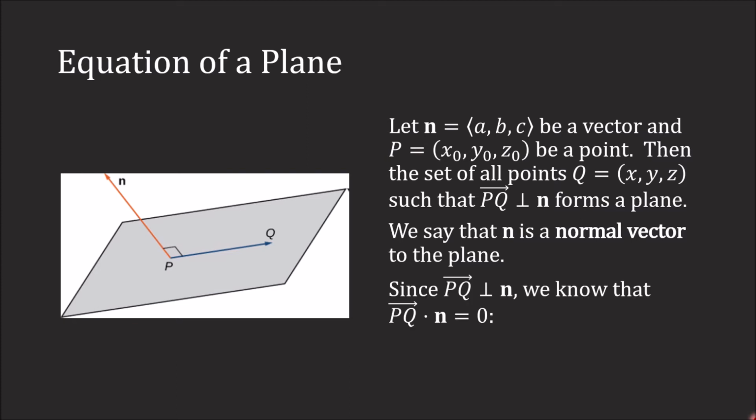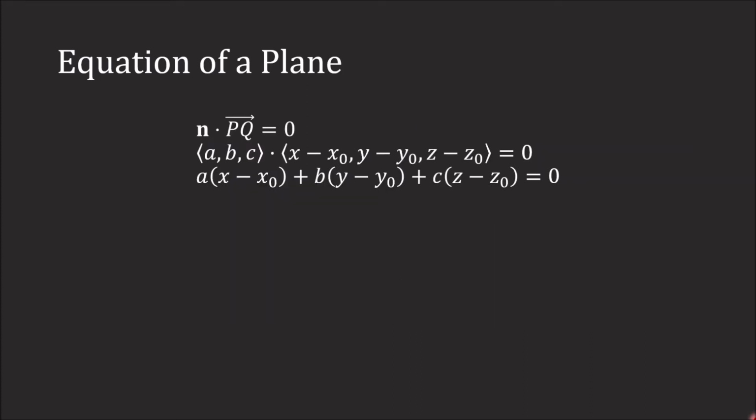Now, since the vector PQ is orthogonal to the vector n, we know that their dot product must be 0. So that is ⟨A, B, C⟩ dotted with ⟨x minus x naught, y minus y naught, z minus z naught⟩ must equal 0.